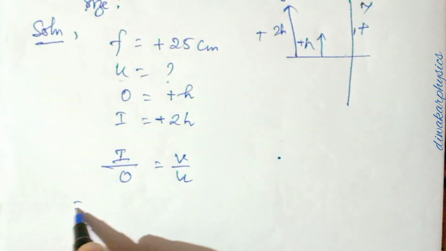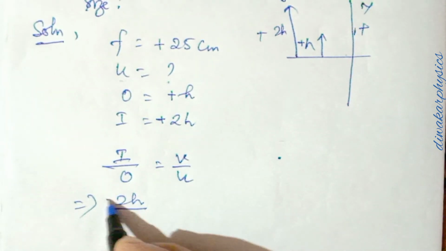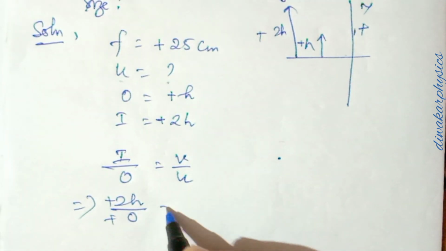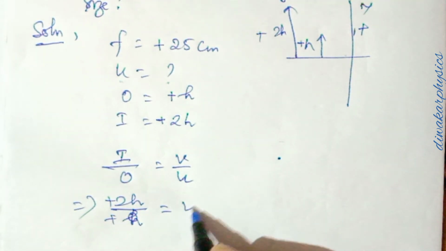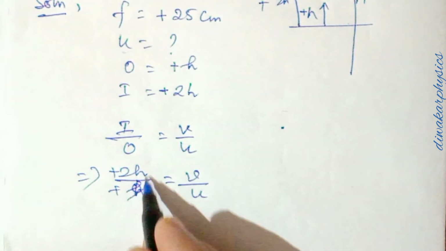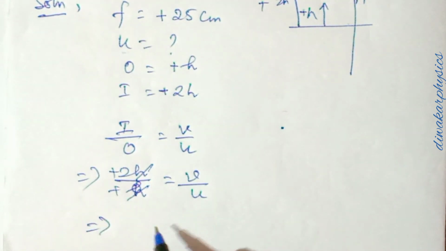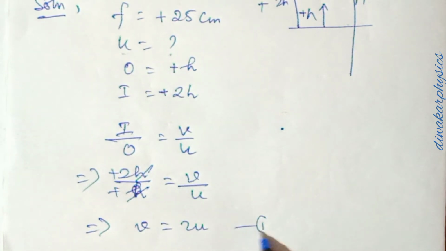So here I is 2h, o is h, v and u, both you don't know. Then you can write v is equal to 2u, equation 1.